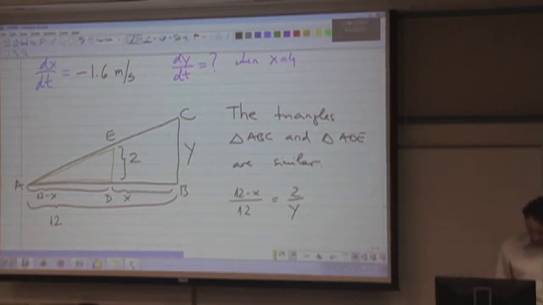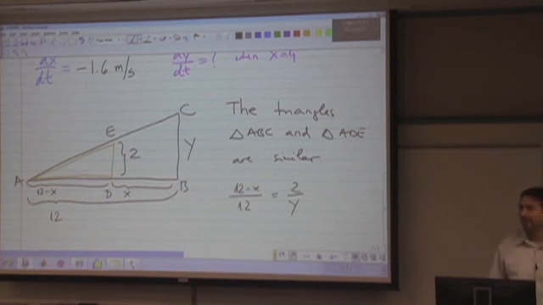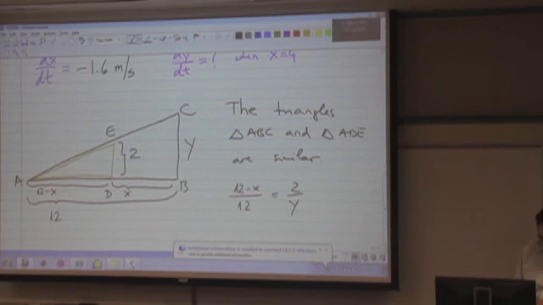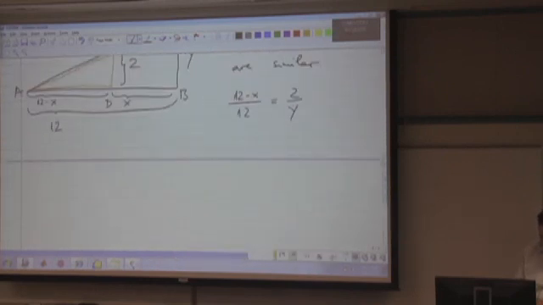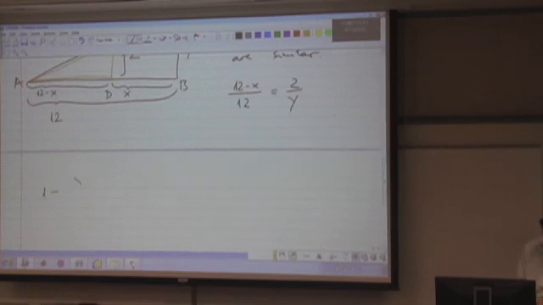Okay, so how do we solve this? How about we write this in a simpler version? How about we write it as 1 minus x over 12 is equal to 2 over y. Okay? So now, what happens if you take derivatives in both sides with respect to time? What do you get on the left-hand side?